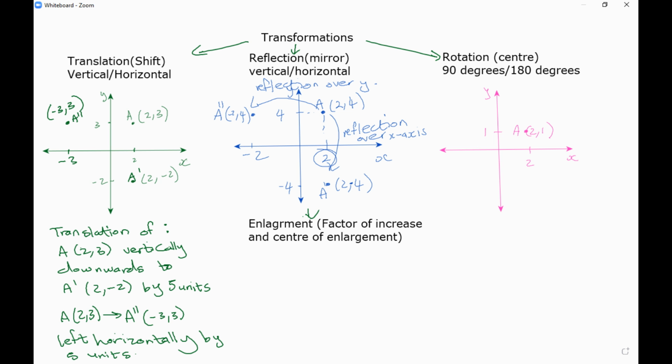I want to rotate this point 90 degrees clockwise. If I end up in this quadrant, that looks like 90, right? And if I take this length and keep it the same, and go all the way down here, you'll find that will be 90, just about there. So I've moved it from there to there, 90 degrees.